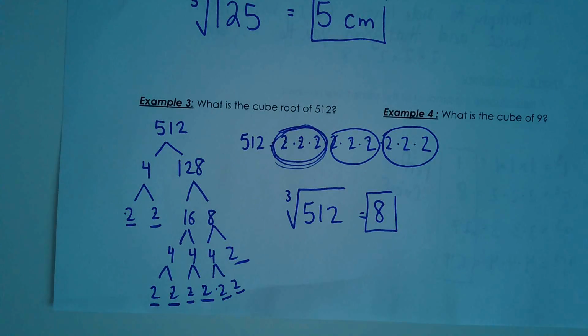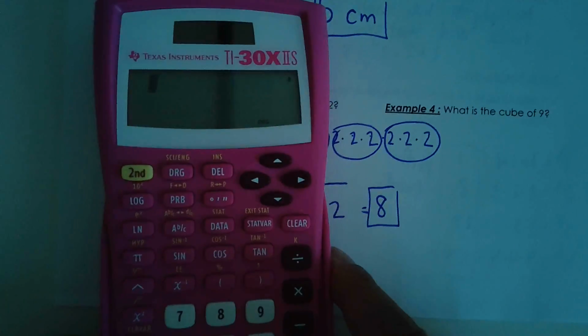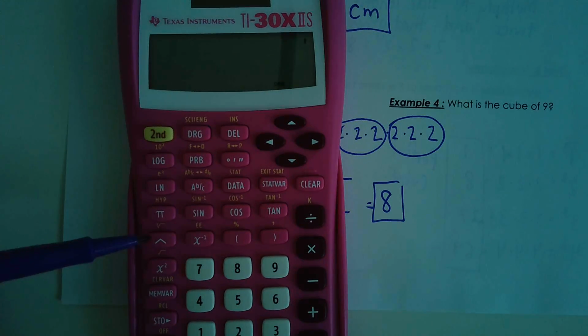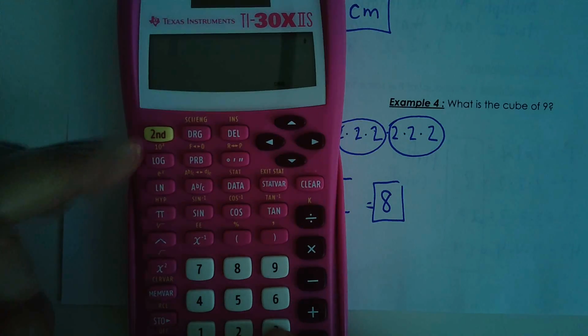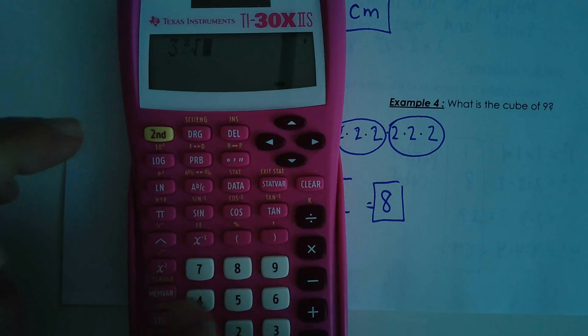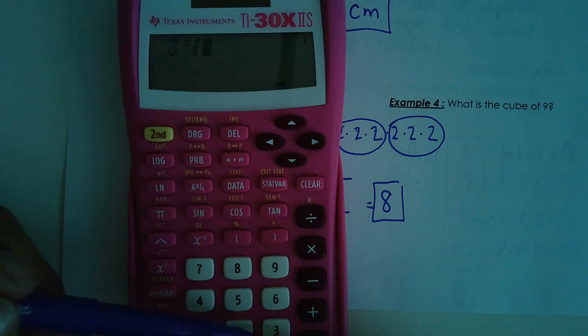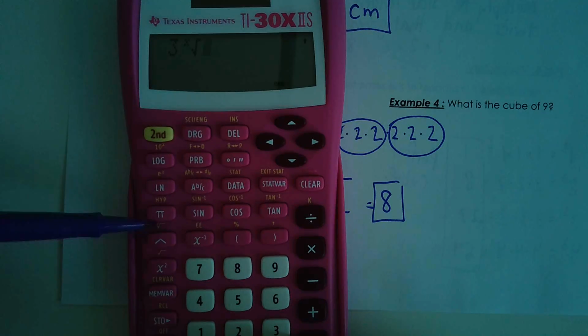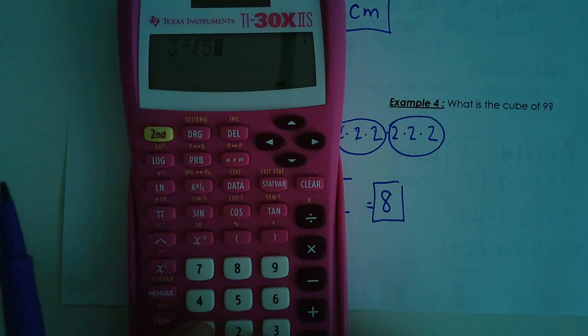You can also use your calculator to find the cube root. So your cube root button, mine is this one right here on top. You'll have to play around with it. In my calculator, I had to press 3, shift, and that key, and type in 512.